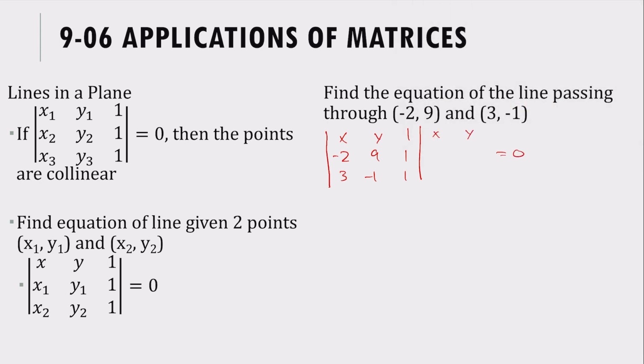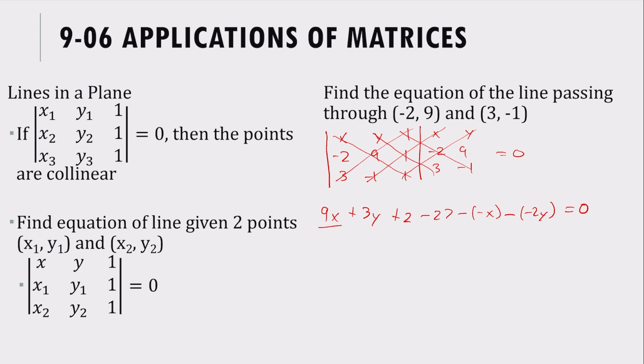So copy over the first 2 columns. So that's 9x plus 3y plus 2 minus 27 minus negative x minus negative 2y equals 0.